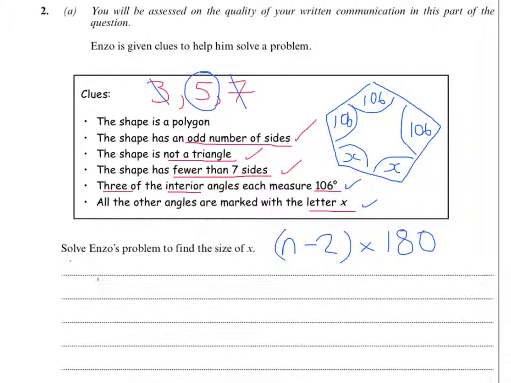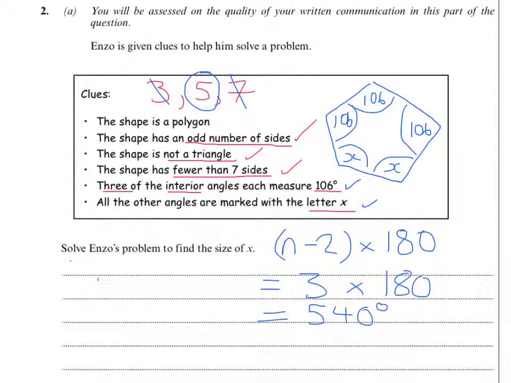Because I've got 5 sides, I'm going to do 3 times 180. 3 times 100 is 300, 3 times 80 is 240. So 300 add 240 gives me 540 degrees.